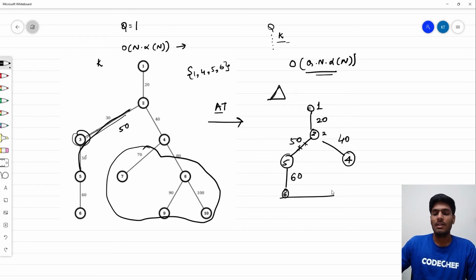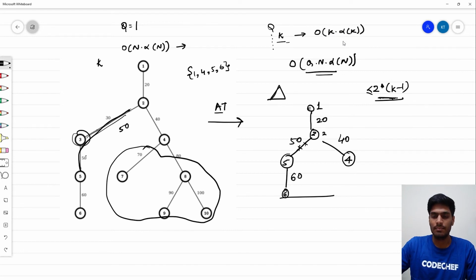Once we have this tree, we can theoretically prove that the number of edges in this tree is less than 2 multiplied by k minus 1. The edge count is not less than or equal to this. If we achieve this size of tree, we can execute one single query in the time complexity of order of k times alpha of k.